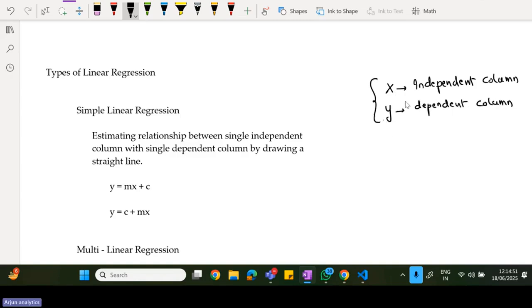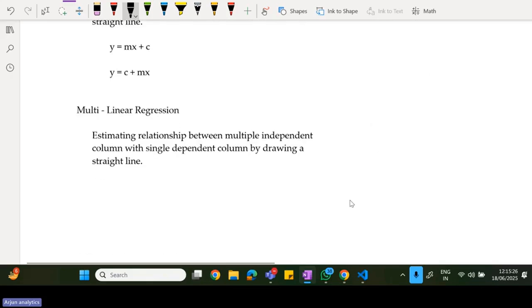This is an independent column and this is the dependent. Here, single independent and single dependent, can you see it? So our equation is y equals mx plus c. Now when you look at multiple independent, that means x will be multiple.